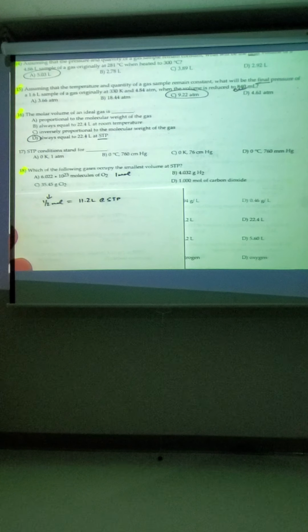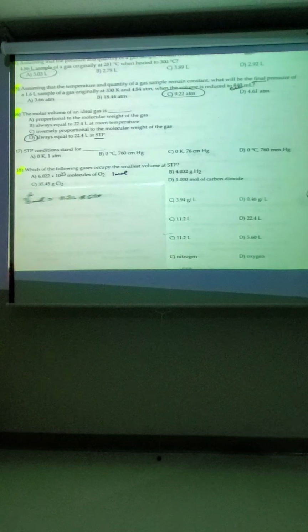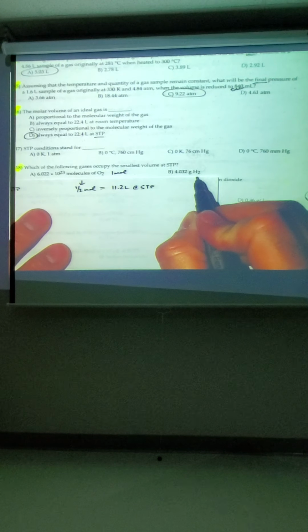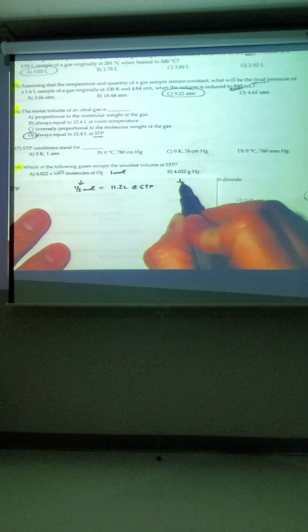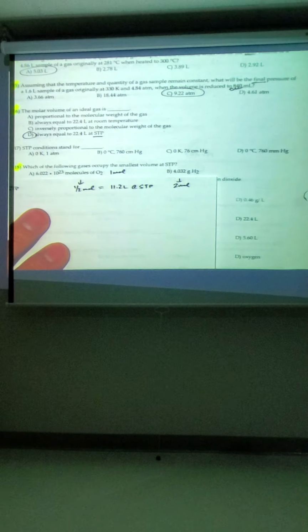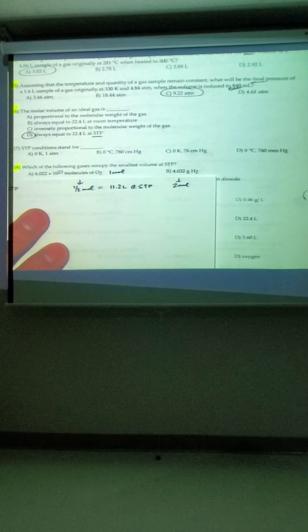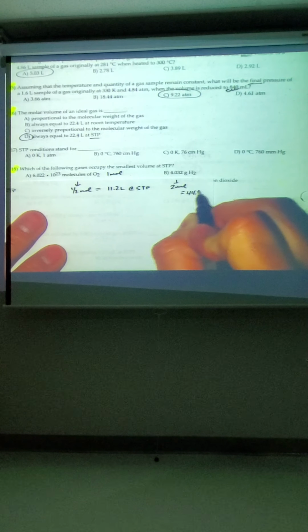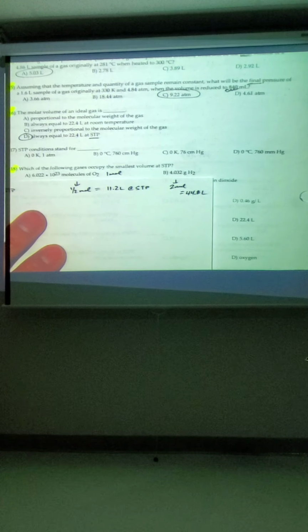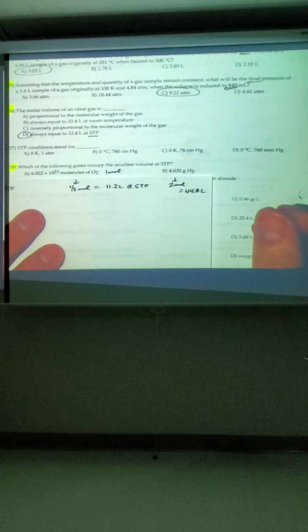So far, the smallest. If you look at this example over here, hydrogen is 2.02. This is about 4.04 roughly. So this is about 2 moles, and if 2 moles is at STP, that's going to be 2 times 22.4, or 44.8 liters, which is so far the largest.